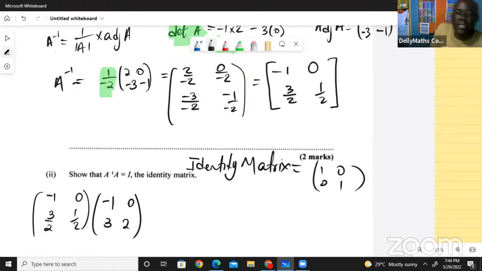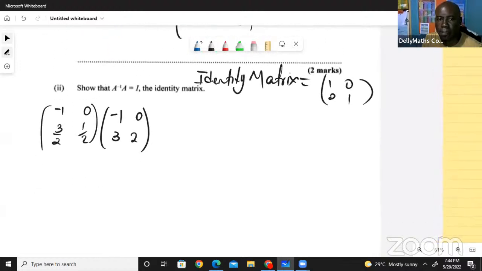We're going to multiply them and prove that we'll get that. Let us take our time and work this out. Remember though, it's row by column. Here are my rows and here are my columns.